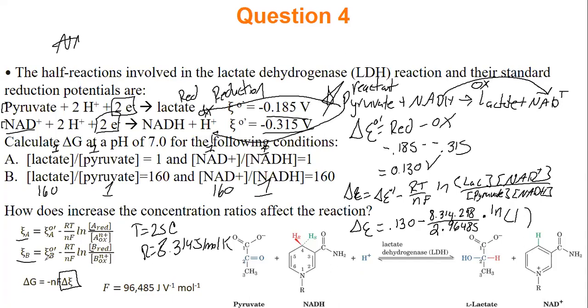We can calculate the electron potential of each half reaction, and we use this information to figure out overall, when I combine these two, how much electricity is being generated. So EA, EB, same exact thing. What's important to remember is that you need to take what's being reduced in your equation minus what's being oxidized to get overall delta E.